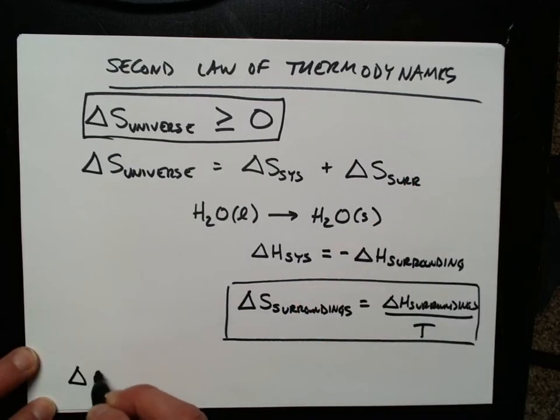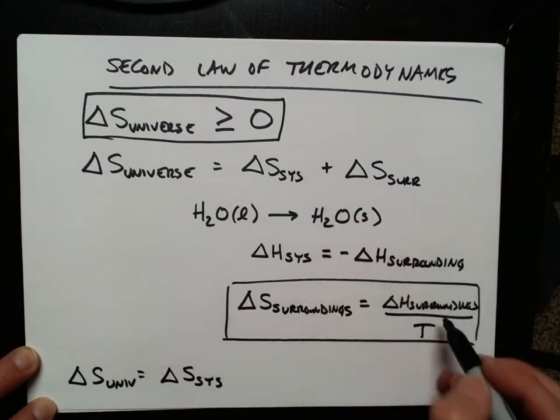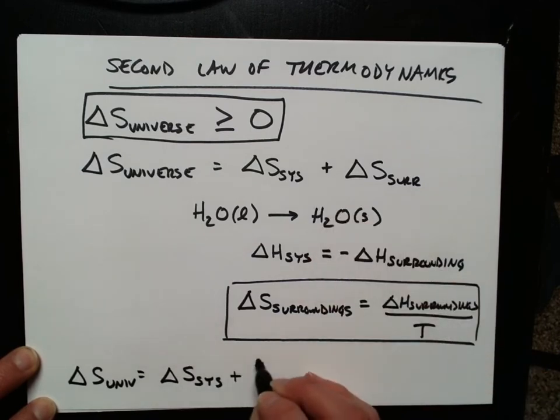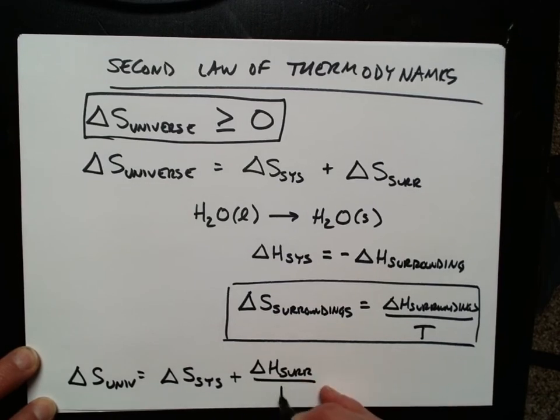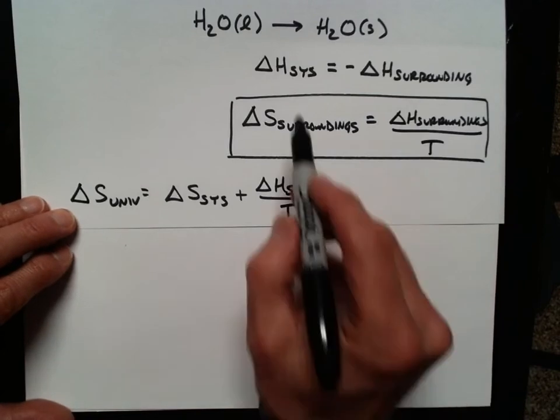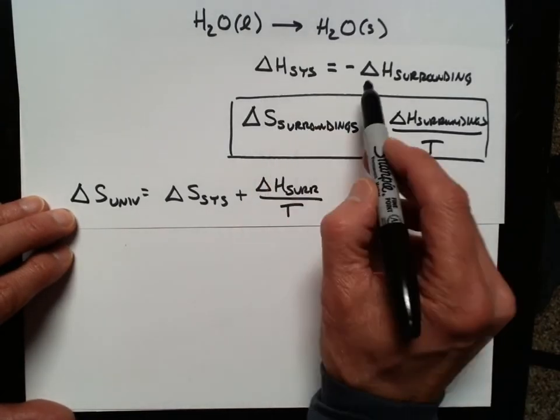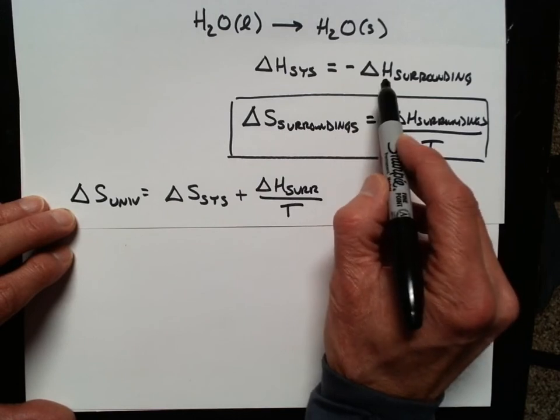The change in entropy of the universe should be the change in entropy of the system, plus the enthalpy change of the surroundings, which I'm going to write as delta H surroundings over T, like that. But we notice here that the change in entropy of the system is the opposite of the enthalpy change in the surroundings.